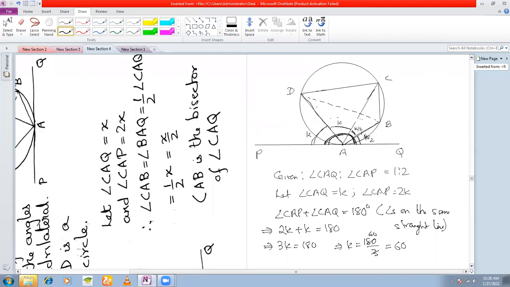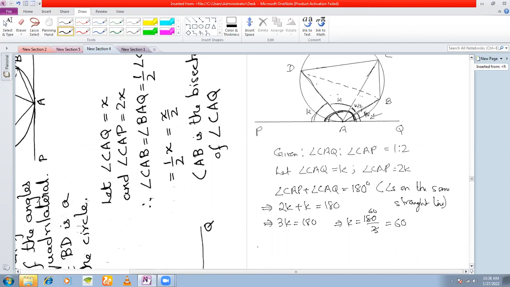If K is 60, what is this angle here? K by 2, isn't it? So angle BAQ is K by 2, which is 60 by 2, which is 30 degrees. So this angle here is 30 degrees. This angle must also be 30 degrees, which is angle CAB, right?